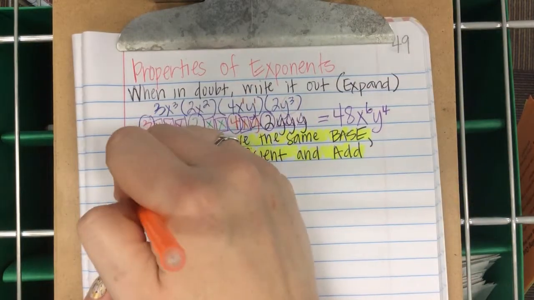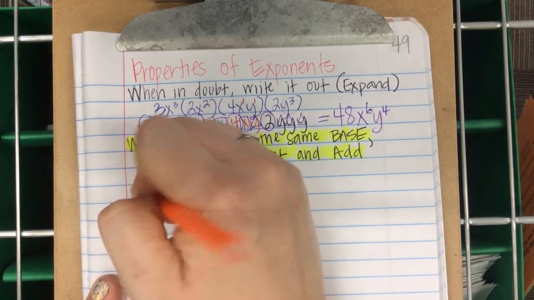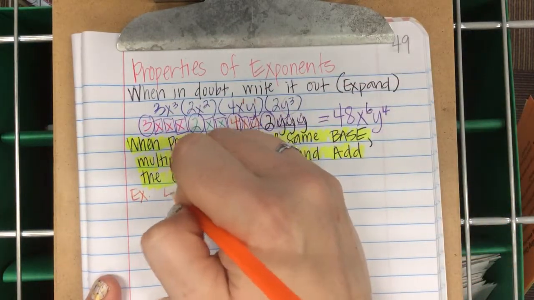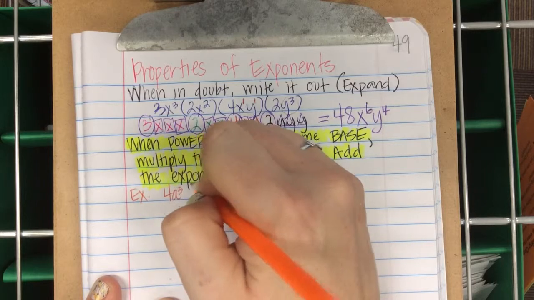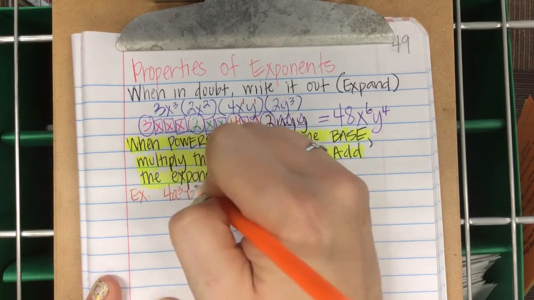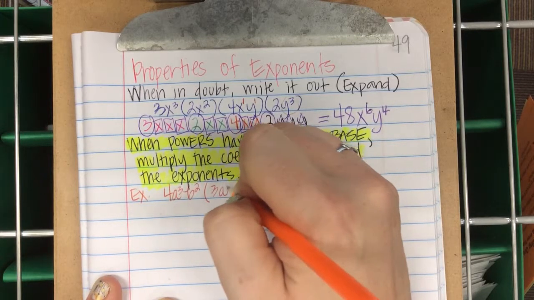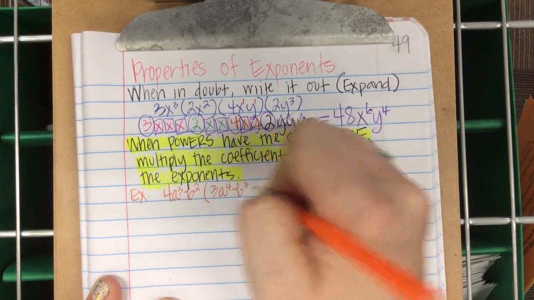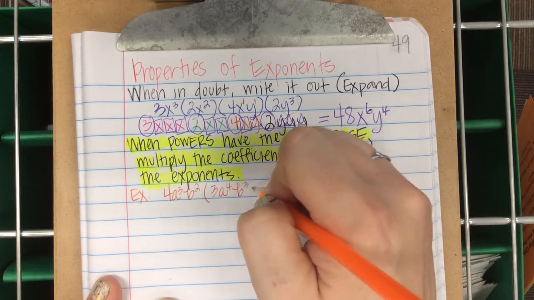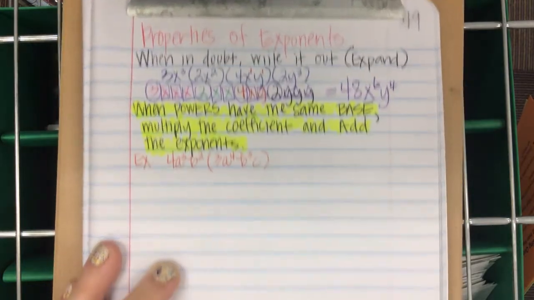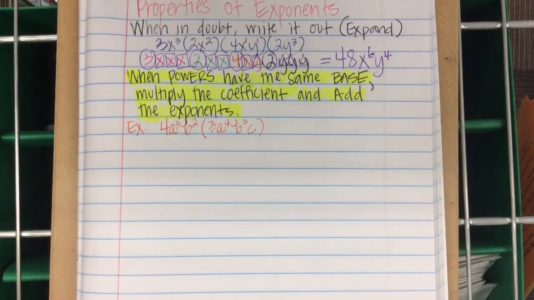Try an example. Practice it on your own. You can decide which way you want to do it. Four a to the third b squared times 3a to the fourth b to the third c.